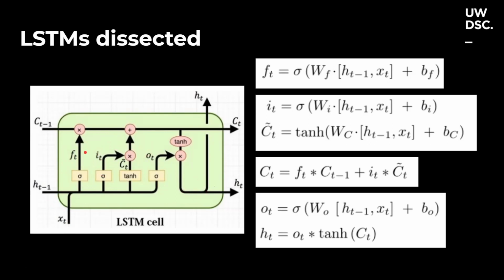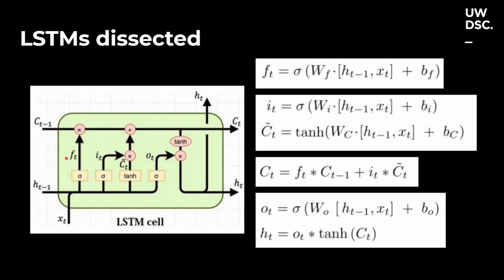If we dive into the math for the forget gate, we would see an input xt, which would be each word, and ht minus 1, which is the previous hidden state. We feed that in and go through a sigmoid layer that we train weights for. If we recall, a sigmoid layer returns something from 0 to 1. When you multiply something from 0 to 1 with something, it selects something.